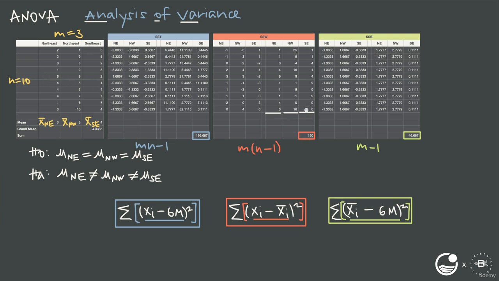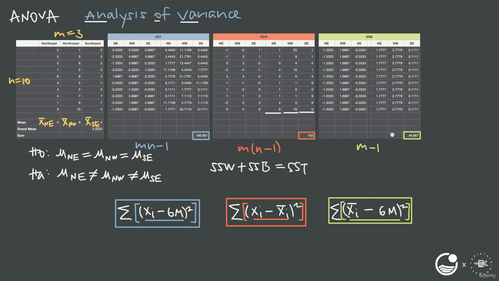So this calculation gives us a picture of the variance inside each group, this calculation gives us the variance in between these three groups, and this is total variance. And we notice that the sum of squares within and sum of squares between is equivalent to total sum of squares. When we add 150 to 46 2/3, we get 196 2/3.